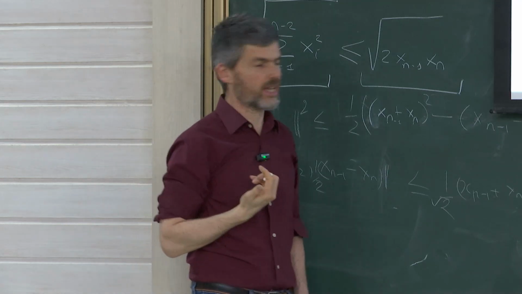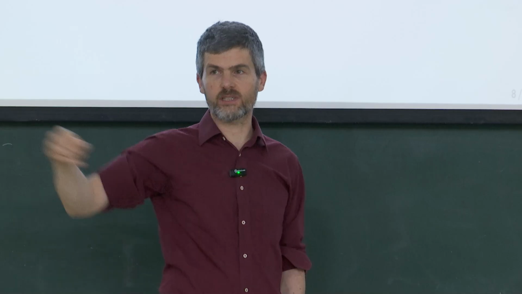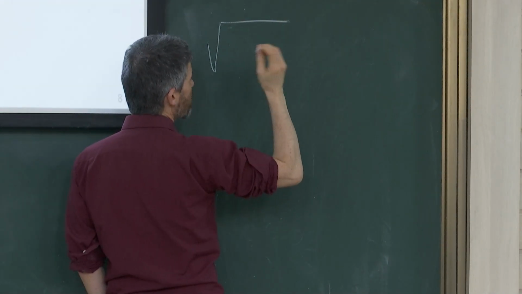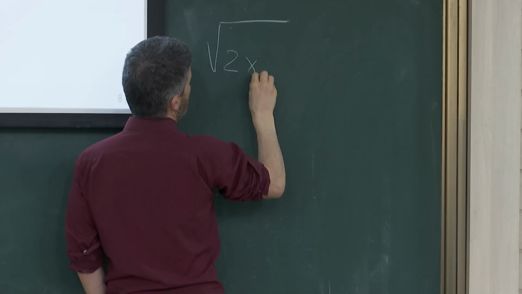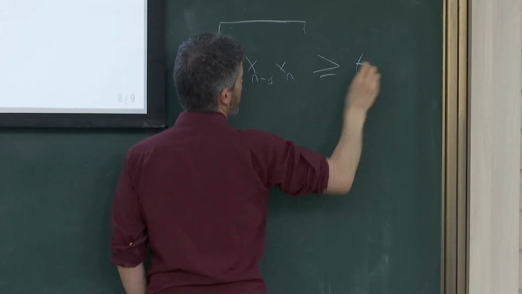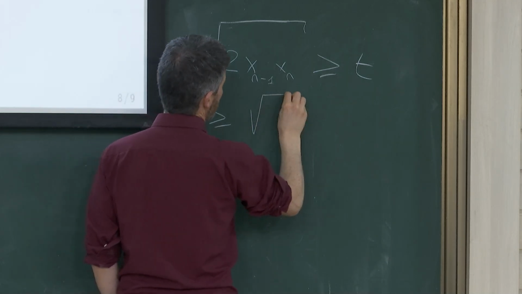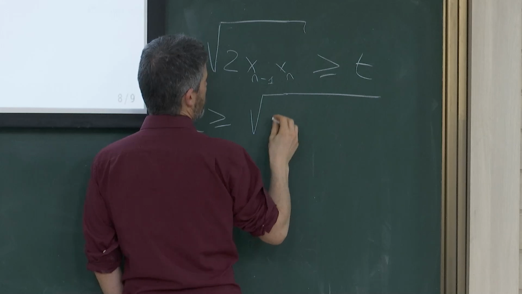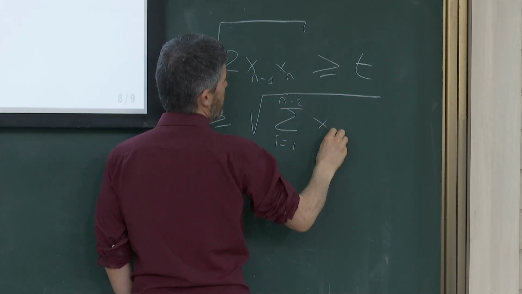So exactly the opposite happens to concave functions when you write concave function greater or equal to something. So what you could have done is introduce a fake variable t and say the square root of 2 xn minus 1 xn greater or equal than t, and then t greater or equal than the square root of the sum over all i from 1 to n minus 2 of xi squared.